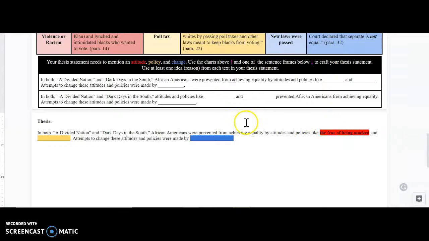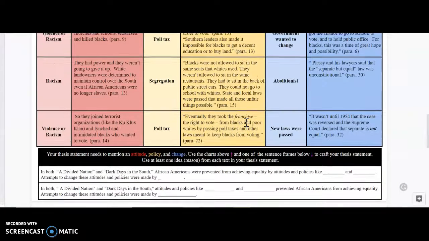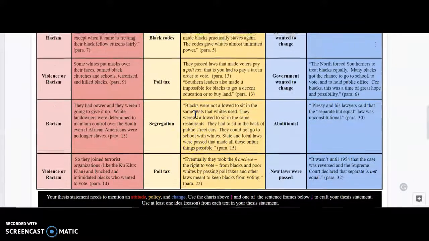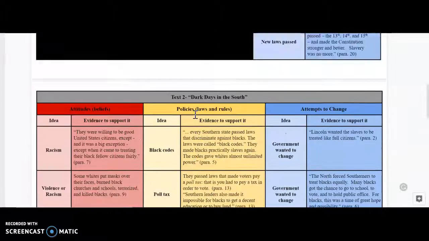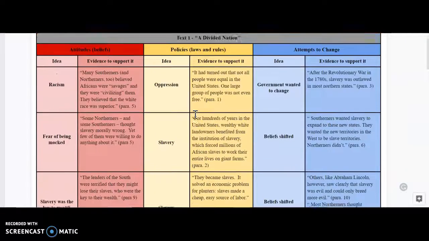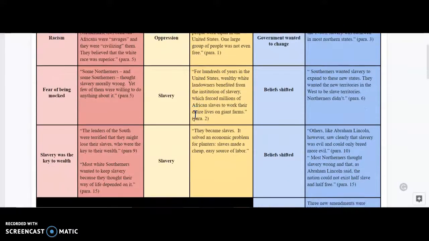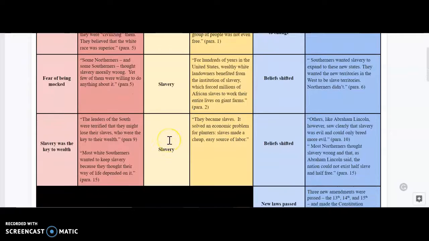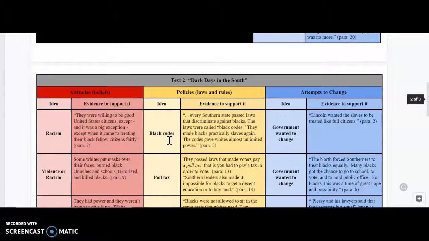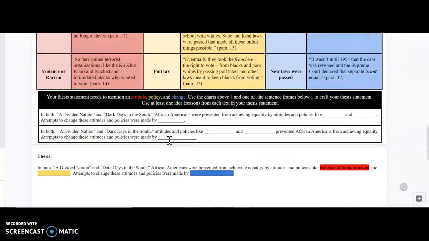All right, so I have my attitude. Now I need to look for a policy. All right, poll tax, black code, segregation, slavery, oppression. I'm going to go with segregation.